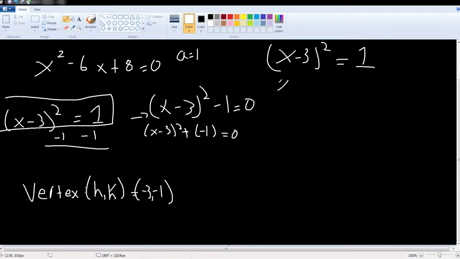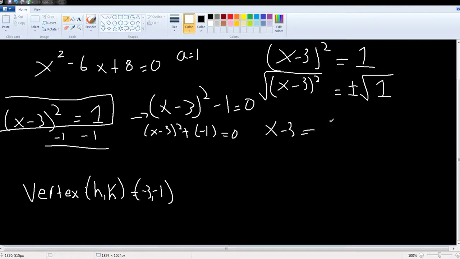We would square root both sides. Remember, square roots come with positive and negatives, so we would have to include that plus or minus. We would get x minus 3 equals to plus or minus square root of 1. In essence, that's the same thing as saying x minus 3 is equal to plus or minus 1, because square root of 1 is just 1.